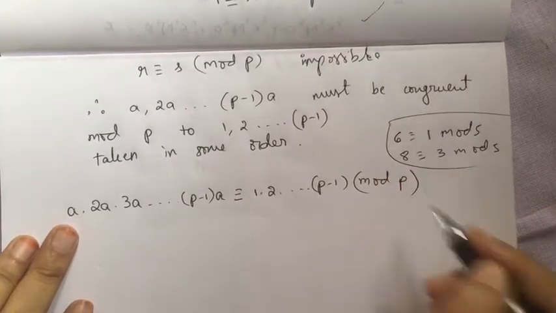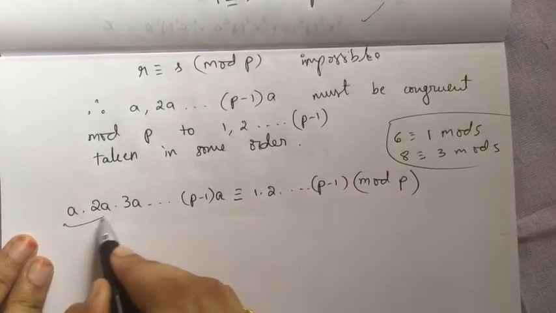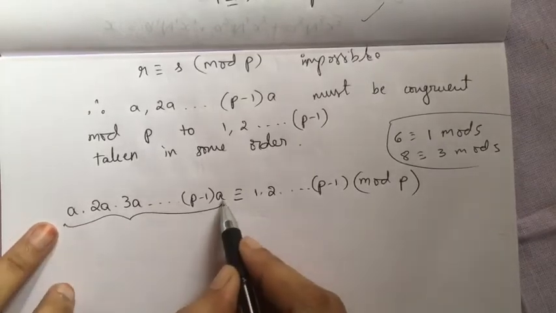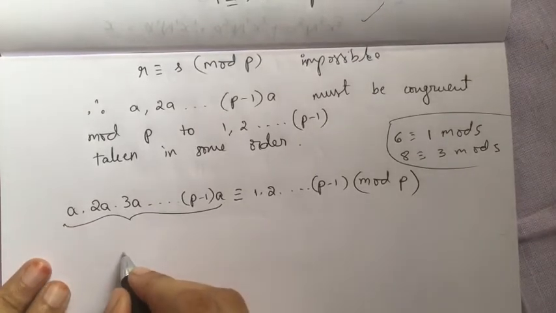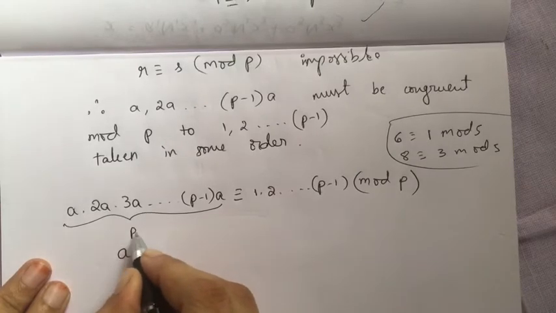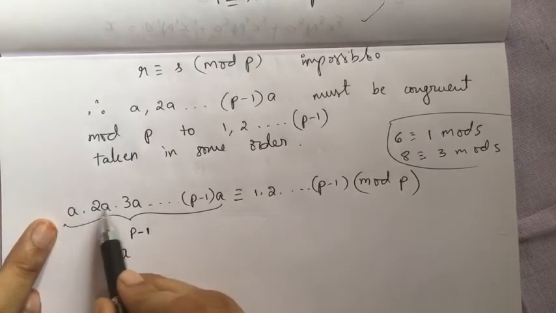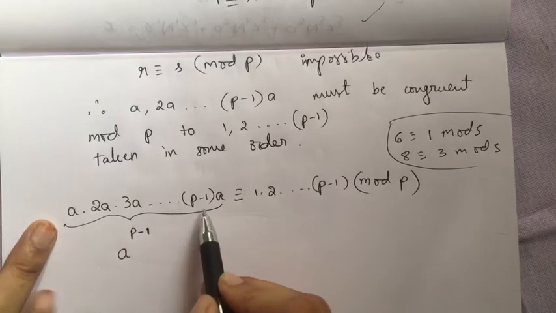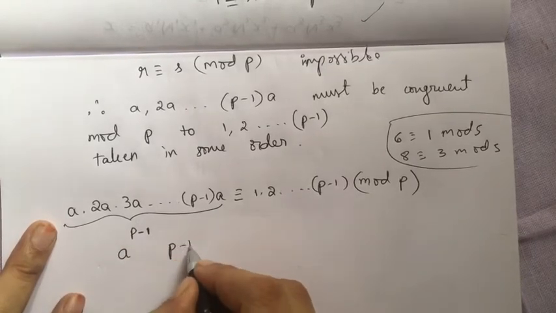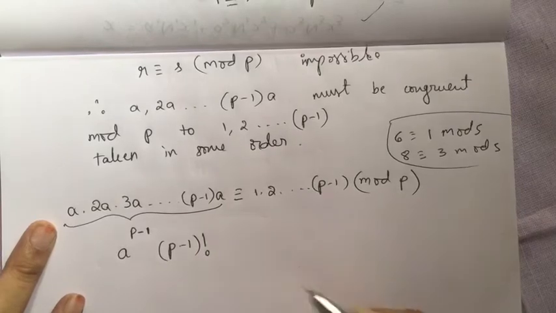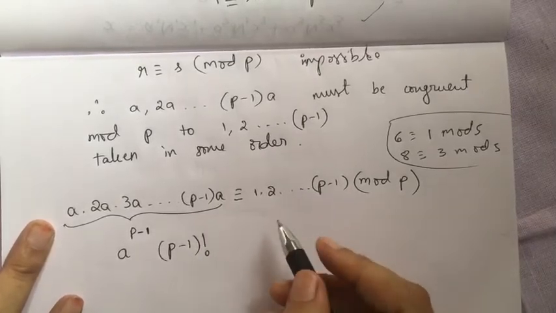Now what does this give? a is multiplied p minus 1 times, so a^(p-1), and the numbers are 1 into 2 into 3 up to p minus 1, which is nothing but (p minus 1) factorial. I hope you know the notation, factorial.